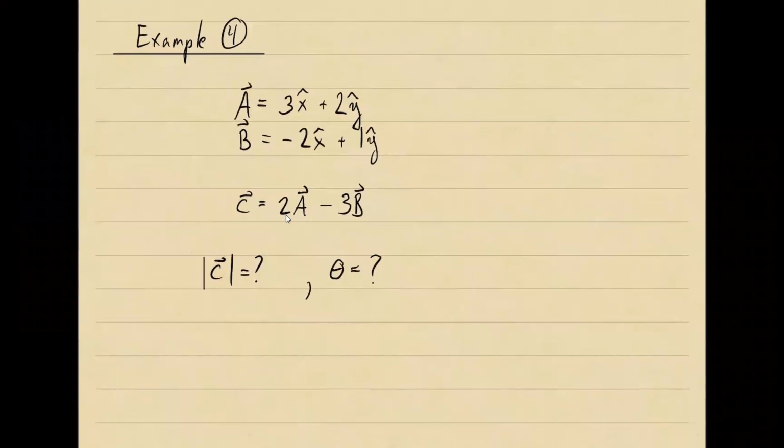First we're going to do 2 times our vector A. So we have that our vector C is equal to 2 times our vector A, which is 3x plus 2y.